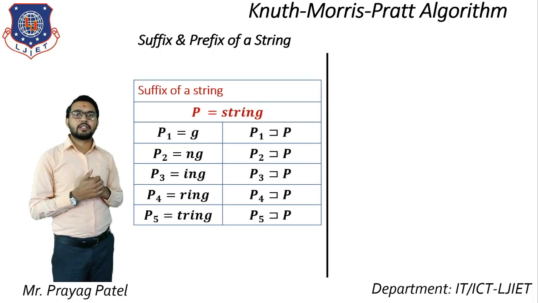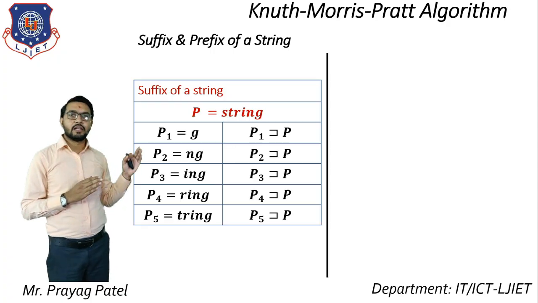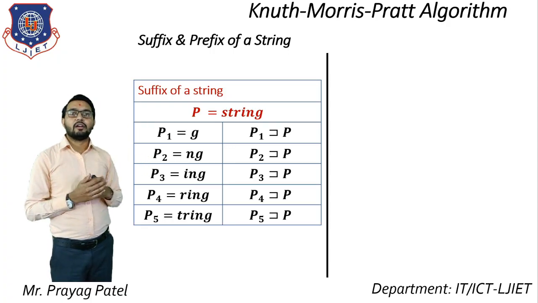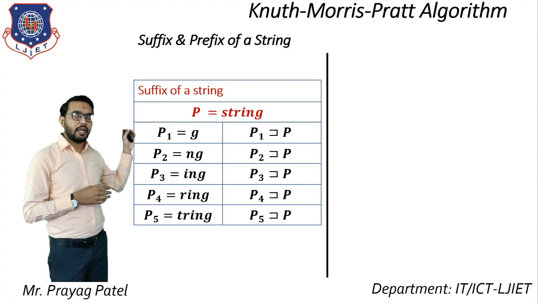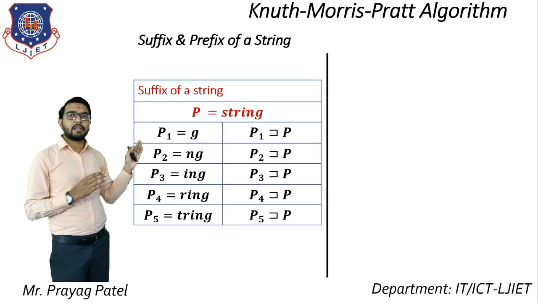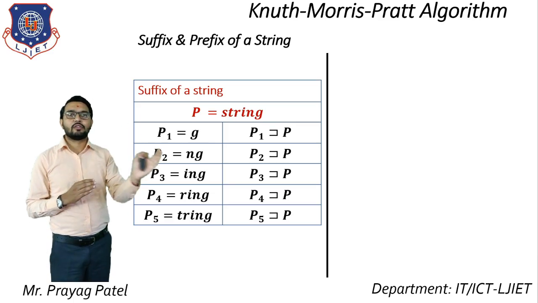Now the first table is the suffix table. In the suffix table, consider pattern p equal to string, where string is your given string. Then consider the suffixes. A suffix is found from the last location to the first location.